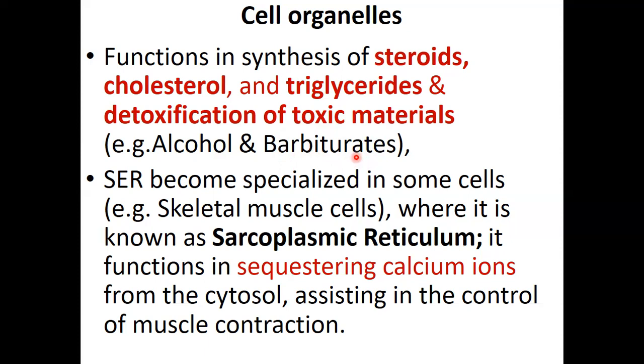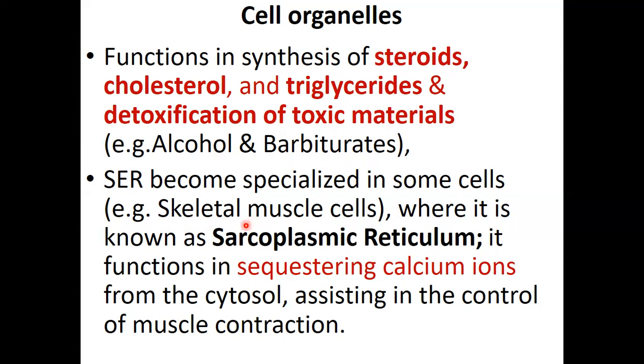So since these are toxins, the smooth ER must detoxify them, and then the kidneys will do their job by removing these harmful substances from tissues and blood. Now, let's observe that in muscle cells, specifically skeletal muscles, the function of the smooth endoplasmic reticulum is different.